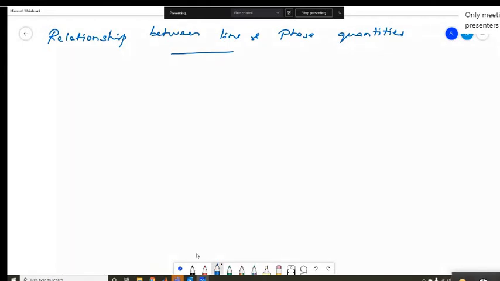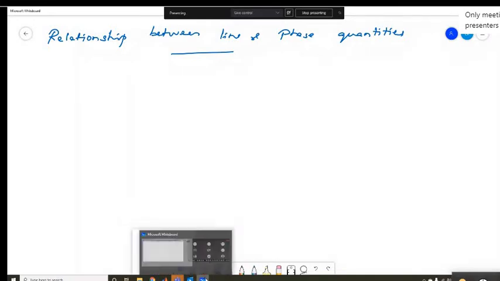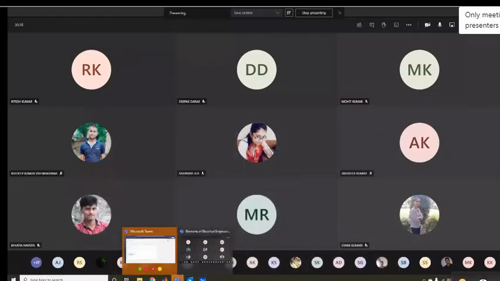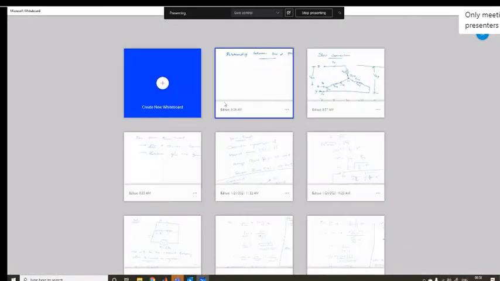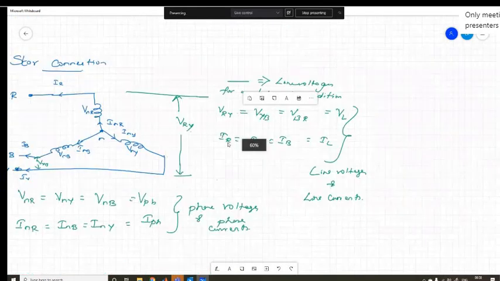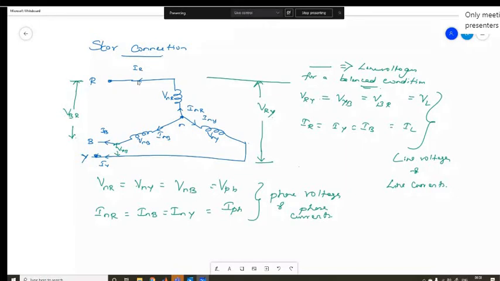The first thing you can observe by looking at this diagram is that this INR is the same as IR. It's the same connection here, and INB is the same as IB, and in the same way INY is the same as IY. That is one relation.